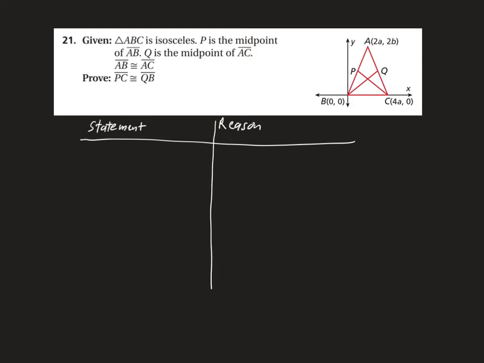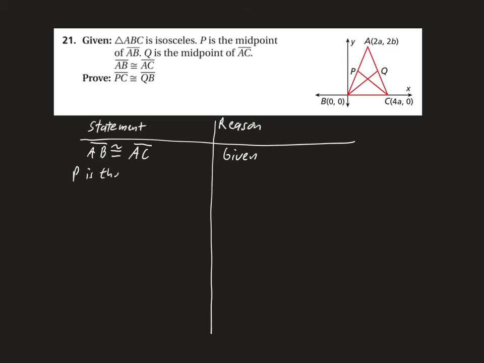Okay, so I first want to show that PB here is congruent to QC. And I'm going to use the given part that AB is congruent to AC and that P and Q are midpoints of those segments.